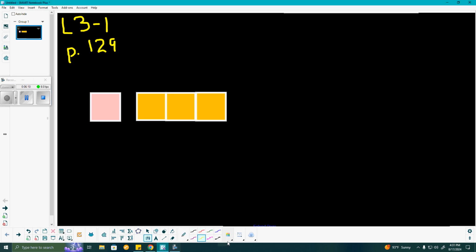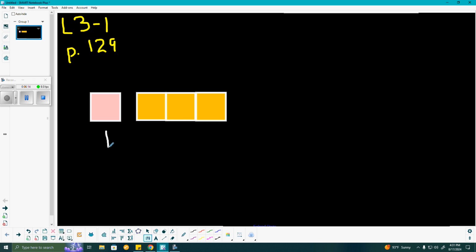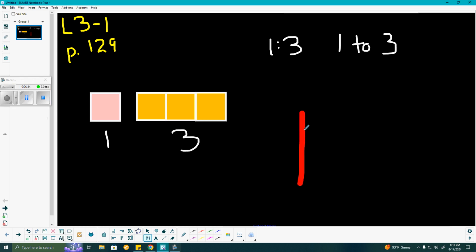Now, let's say we're going to compare the amount of vinegar, 1 tablespoon, to olive oil, which is 3 tablespoons. We could write this ratio as 1 to 3, or 1 to 3, using the word "to" in the middle. Another way I could demonstrate this relationship is by drawing a double number line.